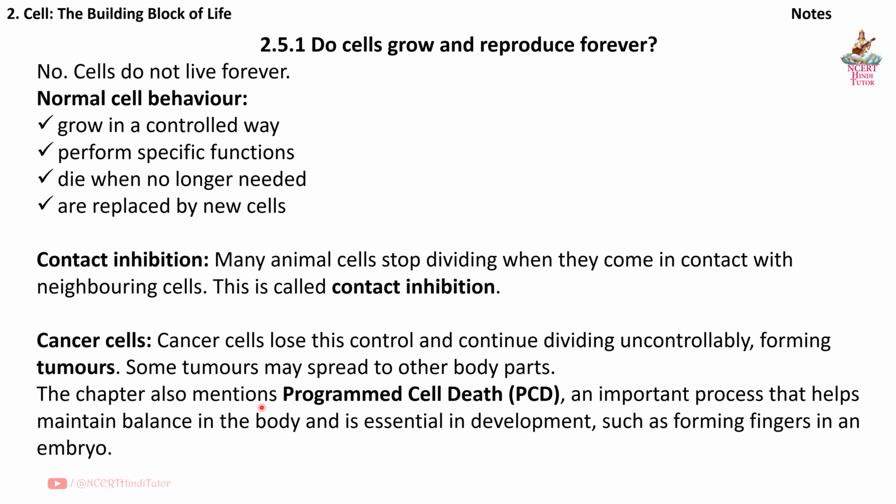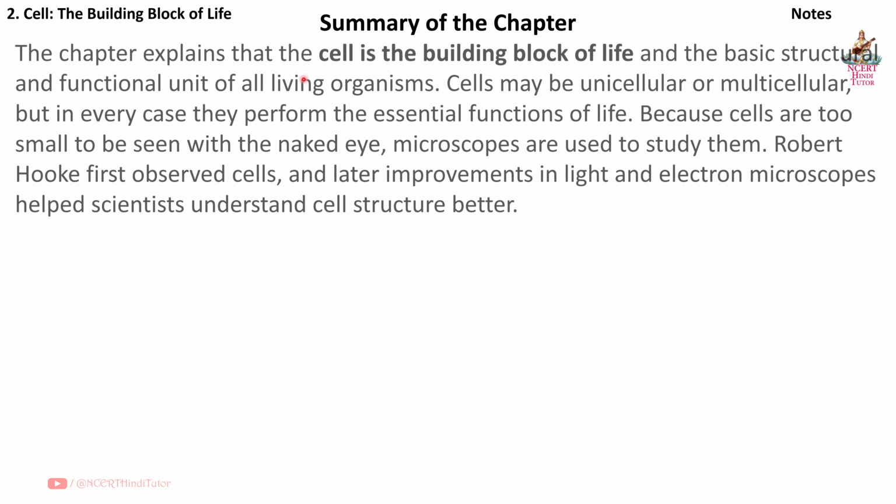The chapter also mentions programmed cell death, PCD, an important process that helps maintain balance in the body and is essential in development, such as forming fingers in an embryo. Summary of the chapter: the chapter explains that the cell is the building block of life and the basic structural and functional unit of all living organisms.